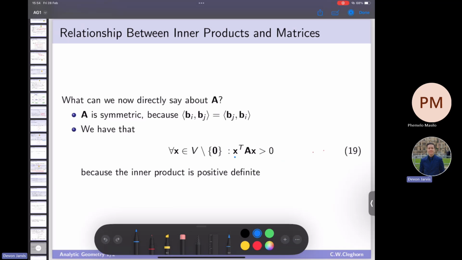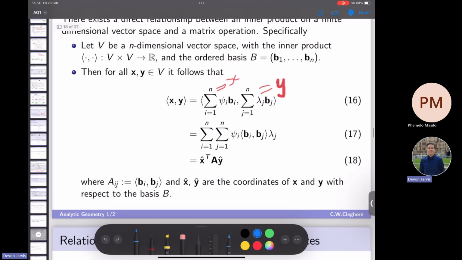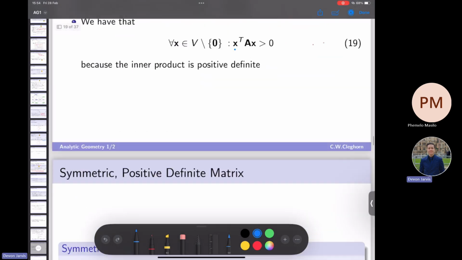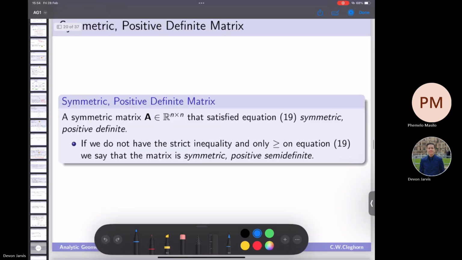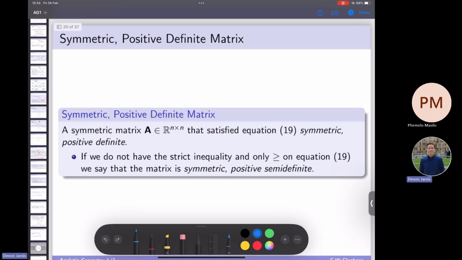Because we know that the inner product itself is positive definite. Okay, we know for a fact that this thing up here is positive definite by definition, and so that carries over down to the bottom there. Okay, we'll come to a lot of the intuition for these things next week. We just need to get the big formal statements down.